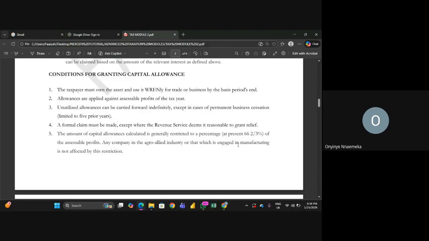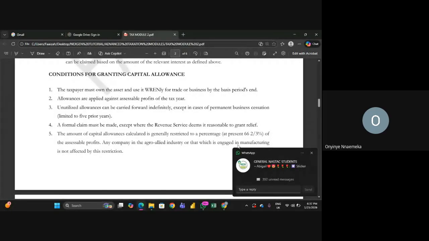If the asset is not for the company, then you cannot claim capital allowance for the asset. That's number one. Allowances are applied against assessable profit of the tax year. What we are trying to tell you here is that it's not possible to claim allowance when you have a loss. You cannot claim allowance on an assessable loss. No, it has to be against profit. If there's a loss, then of course there's no way to claim allowance.